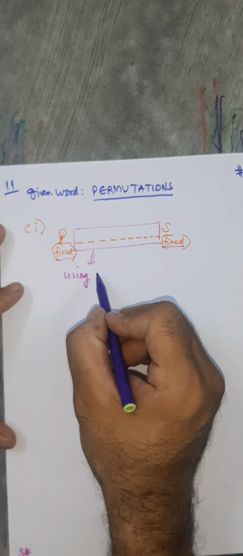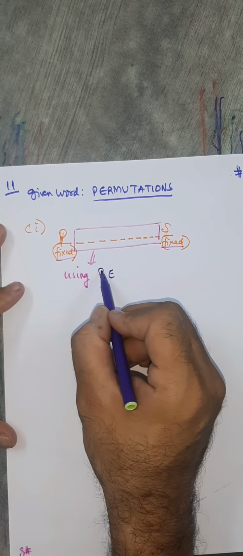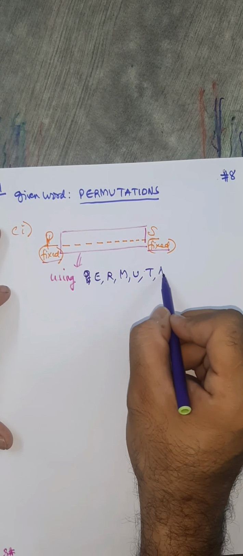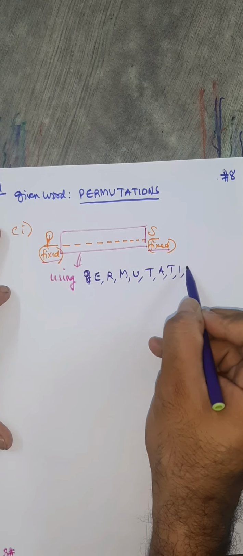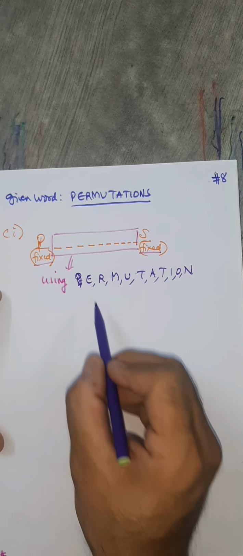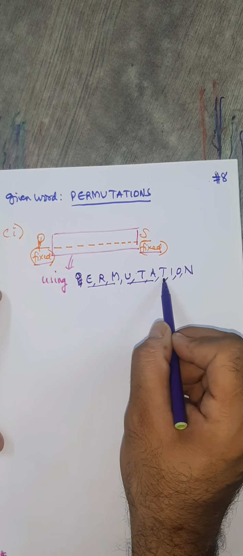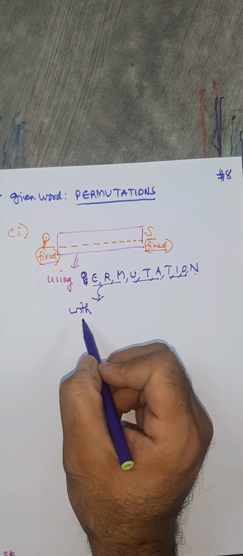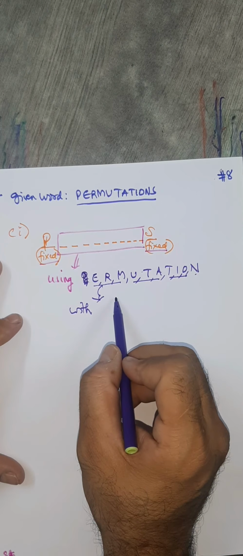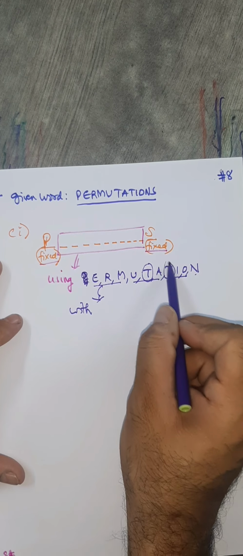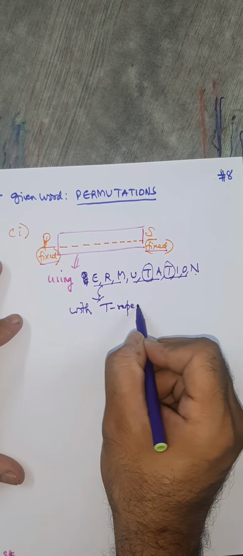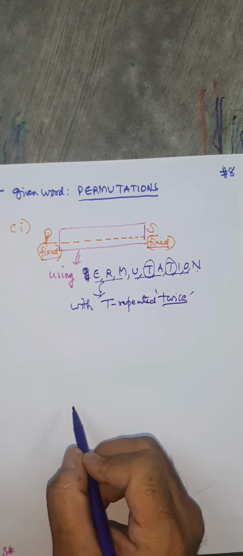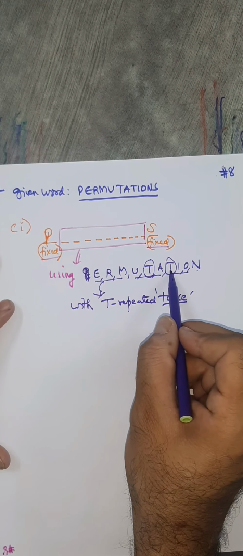Using the letters of Permutations. P is not to be taken, P is already used: E R M U T A T I O N. How many are there? 10. Are they all distinct? No. There is some repetition: T is repeated twice. When you do permutations, you must check whether there is repetition. T is repeated twice, the rest are all different.